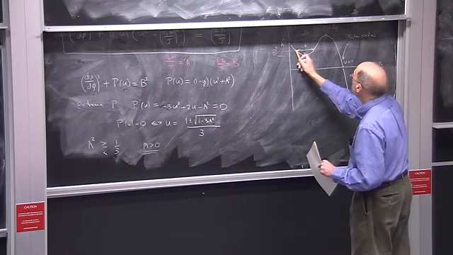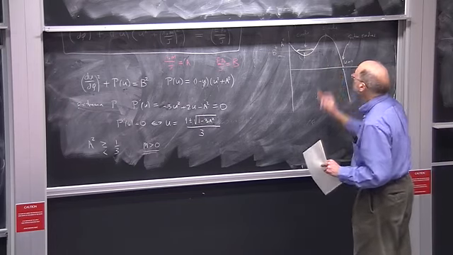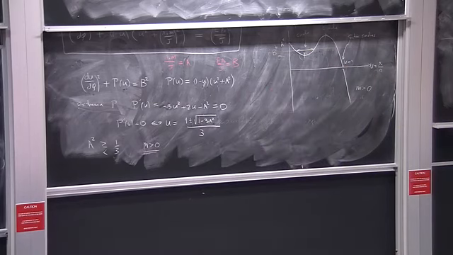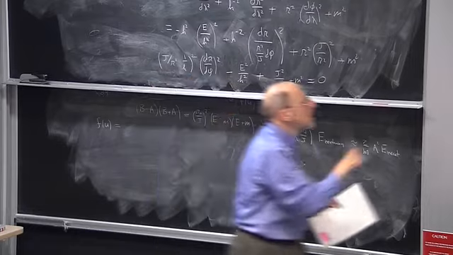Anyway, so there's 3 roots for this thing. And therefore, there are 3 real roots. And therefore, it must have the form, if we call those roots A, B, and C.